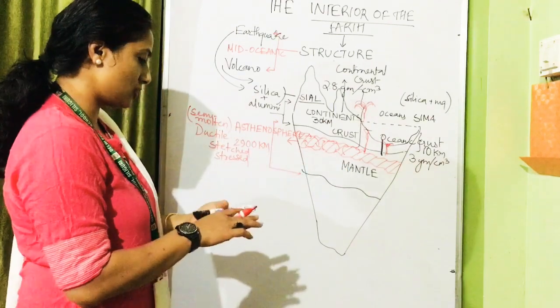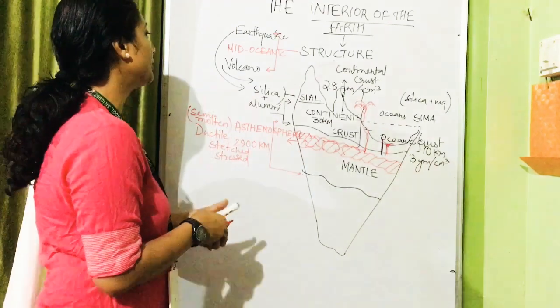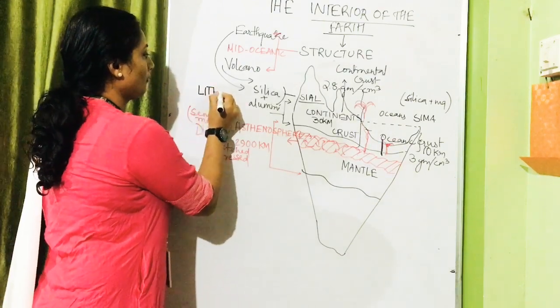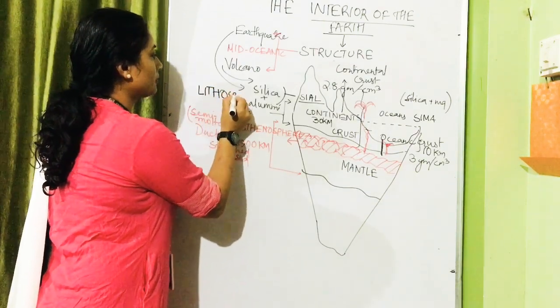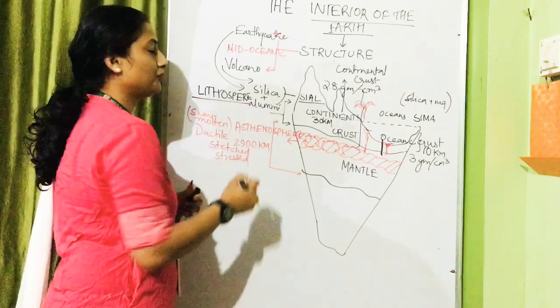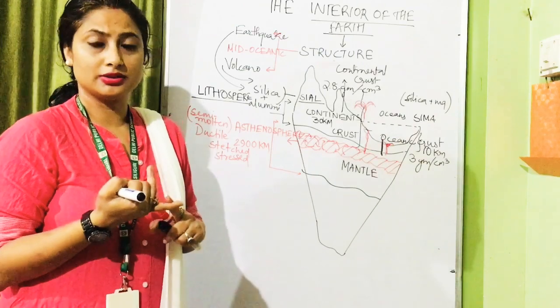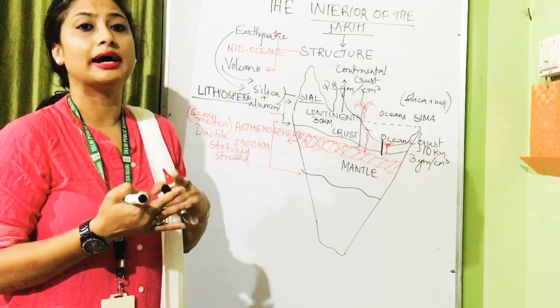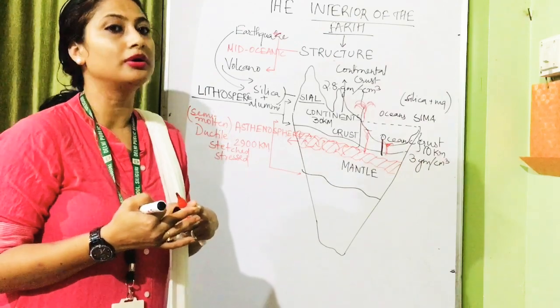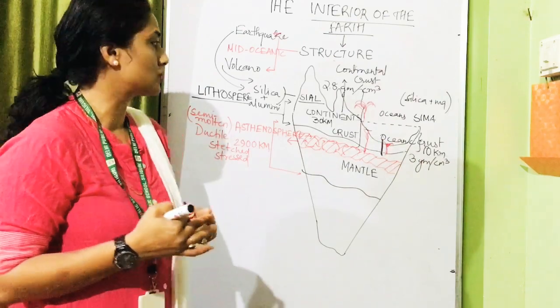Now the second important thing is the lithosphere. What is the lithosphere? The earth, when we talk, is divided into three spheres: lithosphere, atmosphere, hydrosphere, and if we include the living components, we call it biosphere. Now what is this lithosphere?